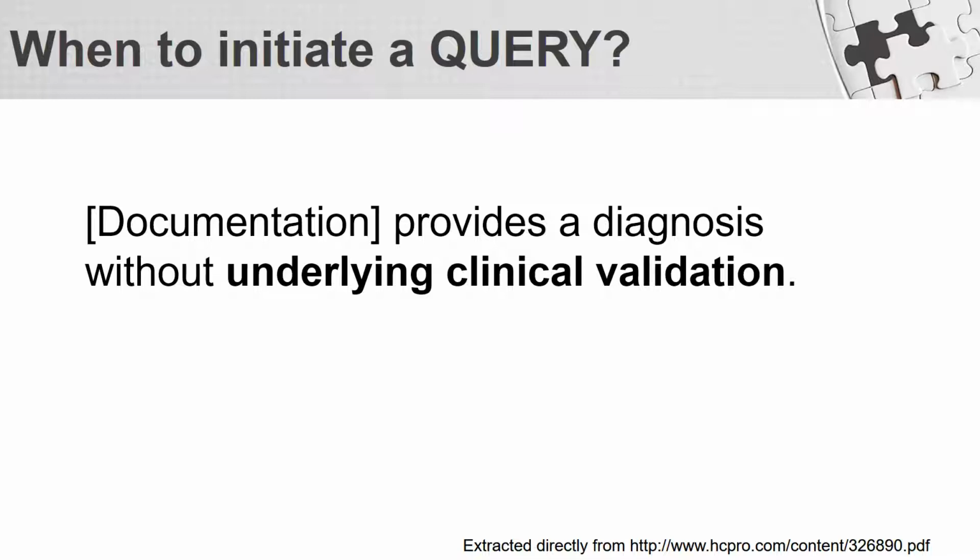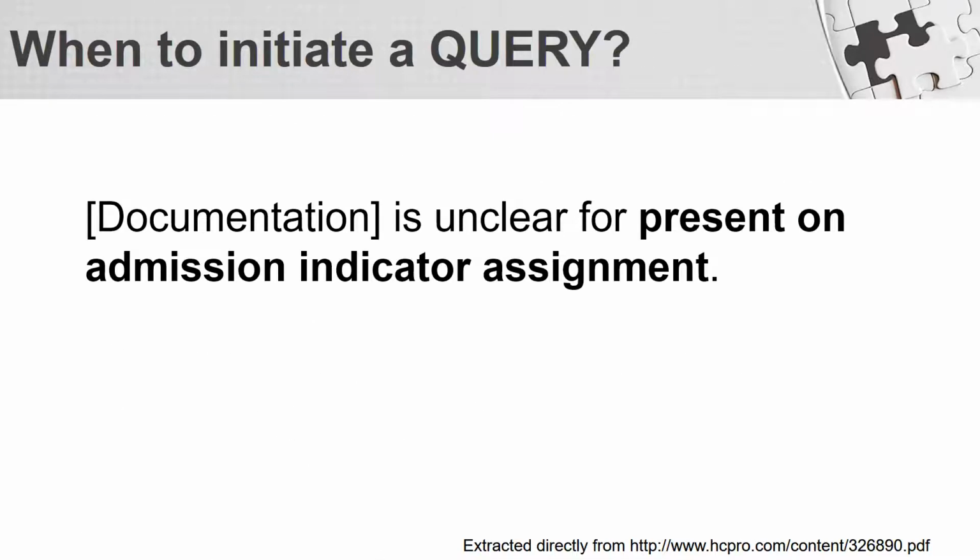Kind of self-explanatory. There has to be validation, not just for billing purposes, but for, again, the legal health record. We have to be able to prove why the encounter took place and the justification behind the treatment or the diagnosis that was given.